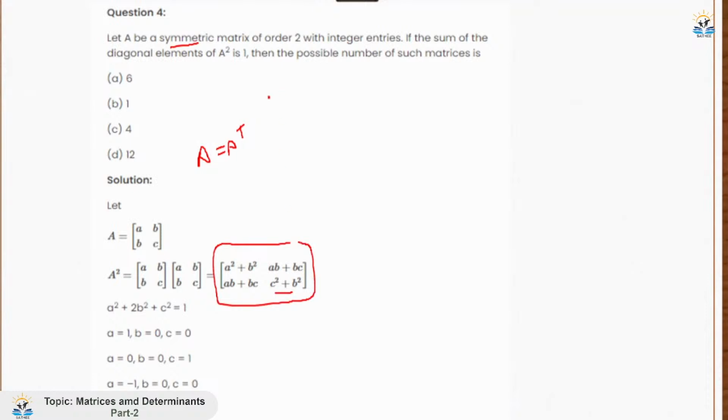But in the question it is given that the sum of diagonal elements of A square is 1, which implies A square plus 2B square plus C square is equal to 1.